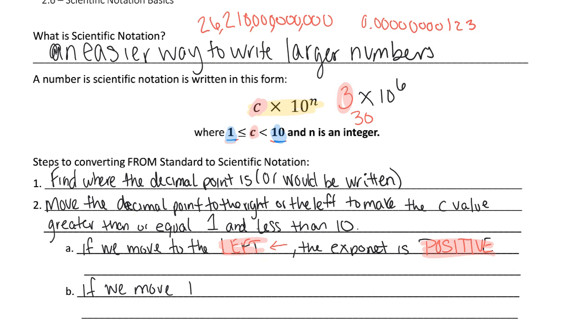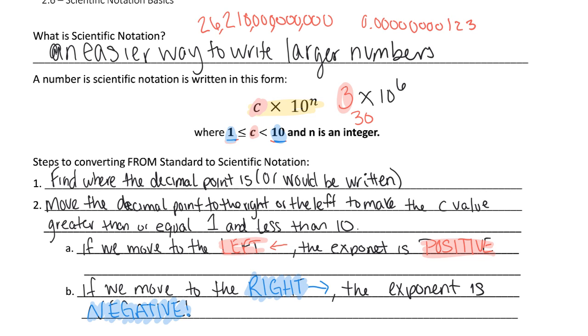If we move it to the right, our exponent is negative. That just helps us figure out which way it goes and which is which.